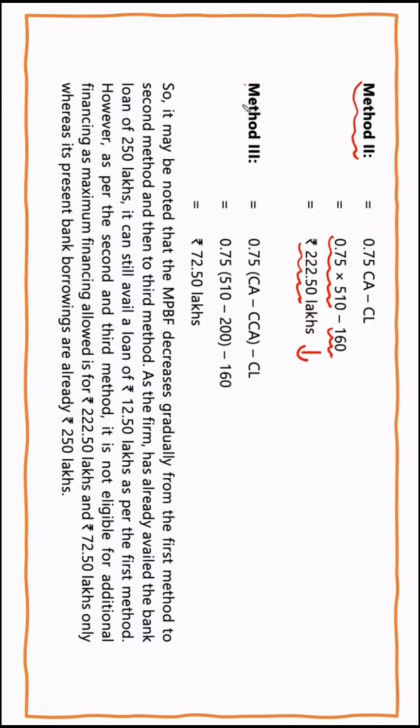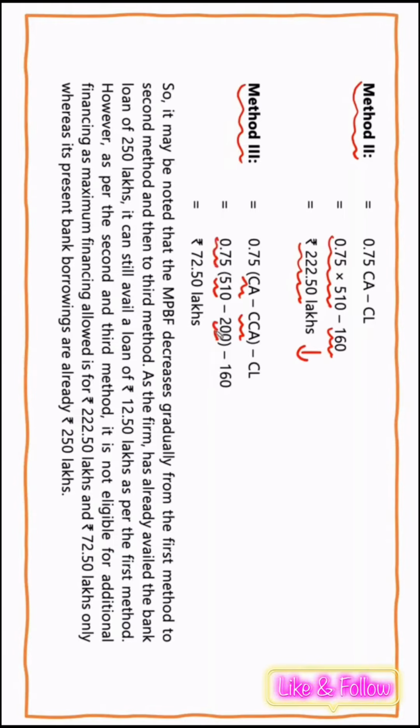How? Look at this. Third method says we have to consider only 75% of current asset minus core current asset, and that should be compared with current liability for arriving at the eligibility. We know current asset is 510. We know core current asset is 200, given in the question. So 510 minus 200, that is 310, only can be considered for funding purpose in that 75%.